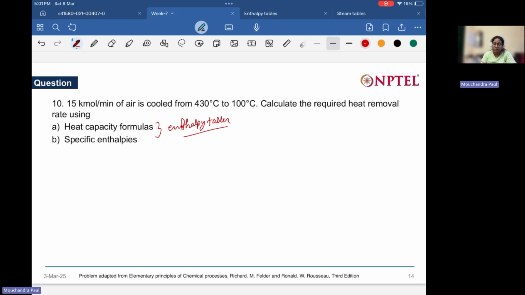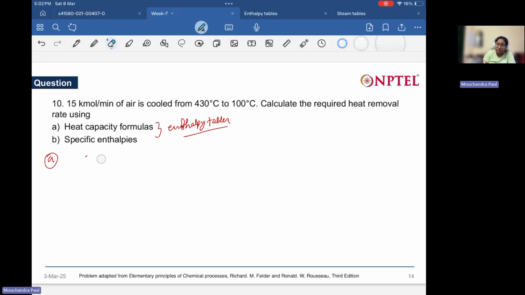Okay, so let's start. First case. Now if you look at the energy balance equation, that is delta E is equals to... sorry.